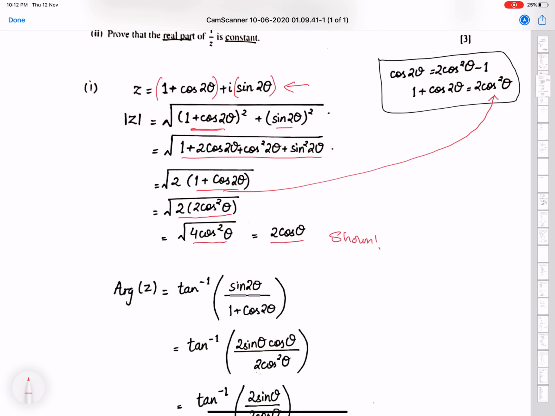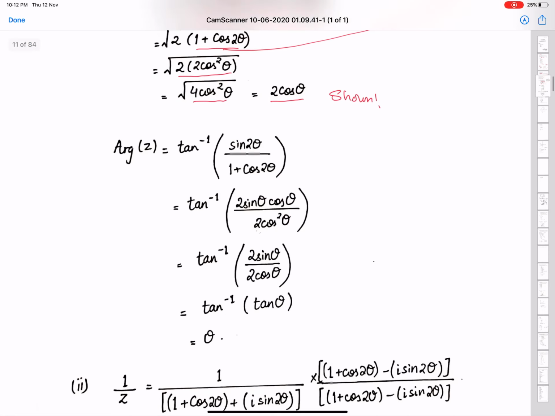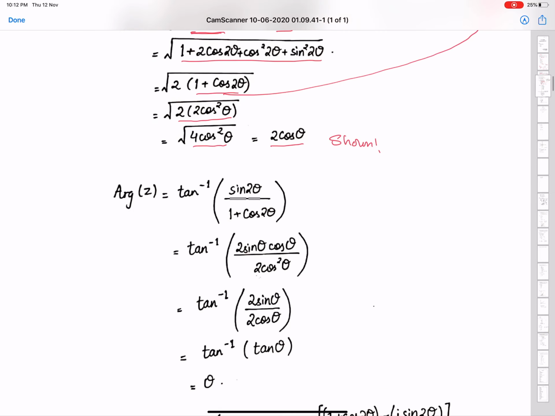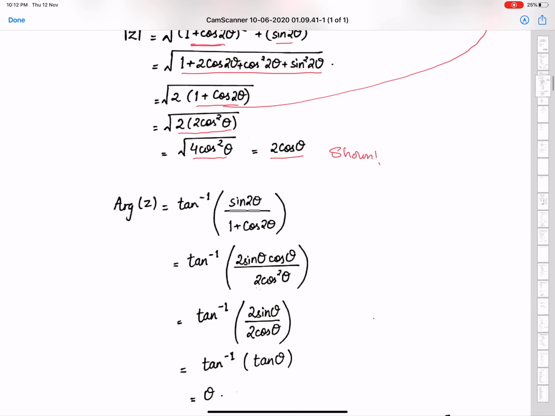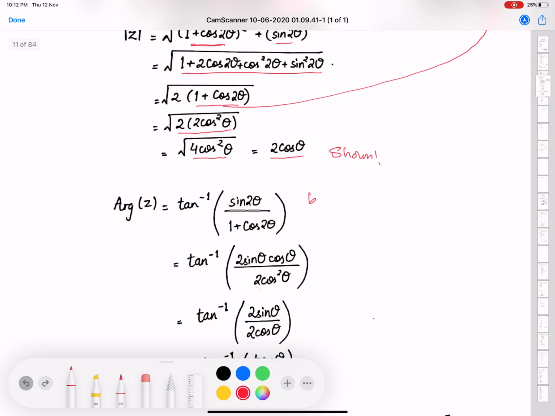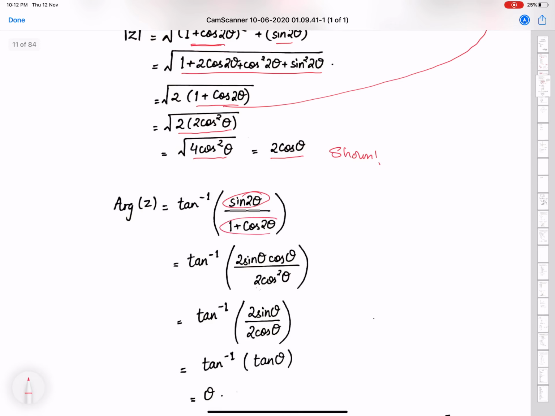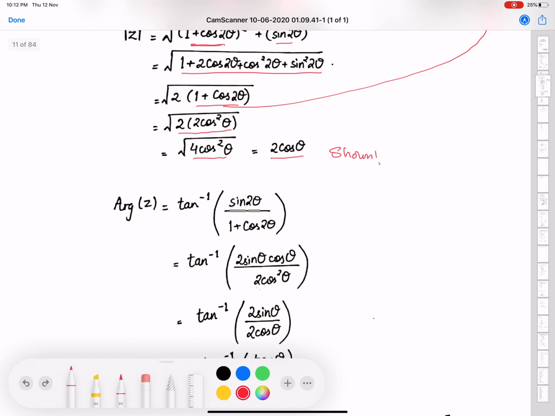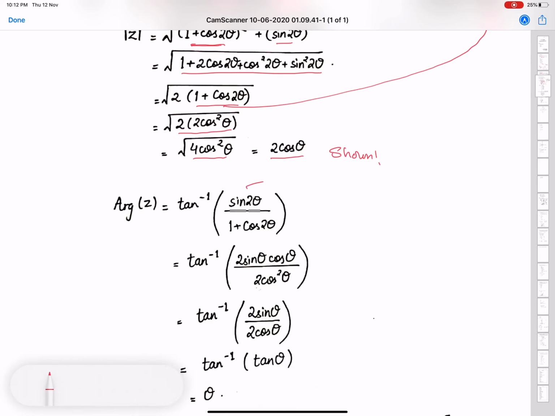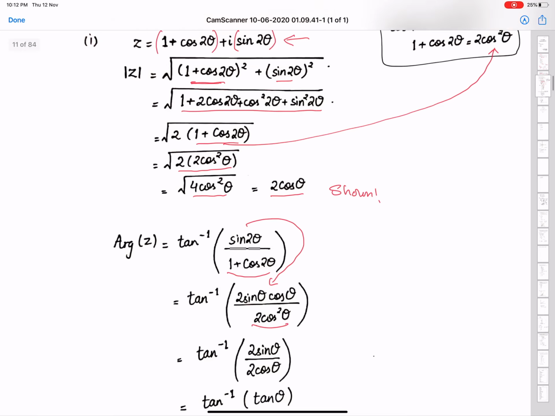Now we need to work for argument. Well, argument is tan inverse of y upon x or b upon a, imaginary part over real part. This is the formula of the argument. So sin 2 theta will become 2 sin theta cos theta, and this denominator will become 2 cos square theta from this thing.